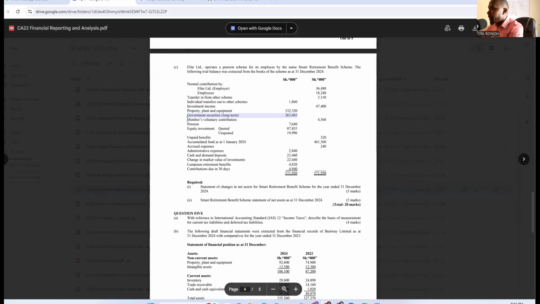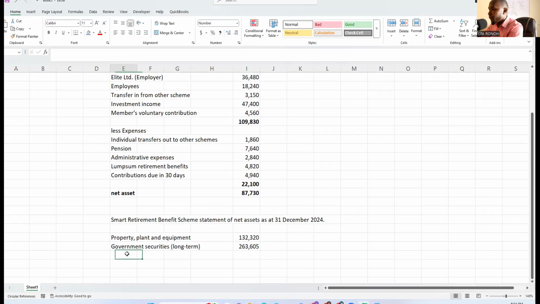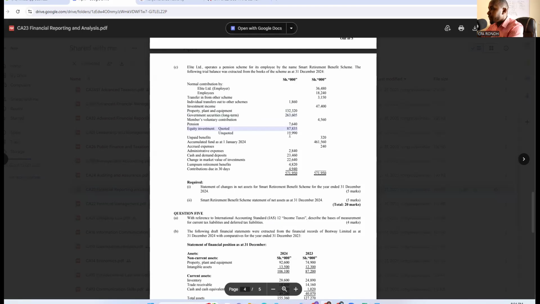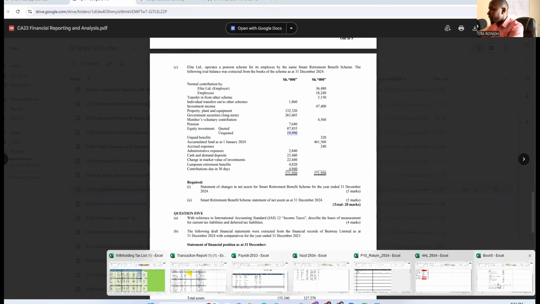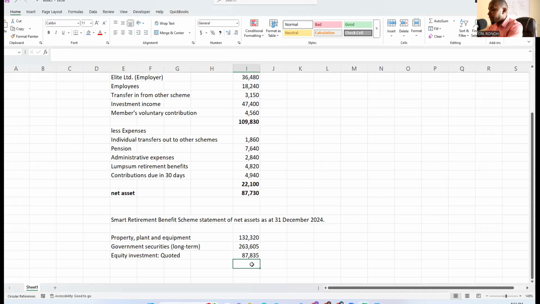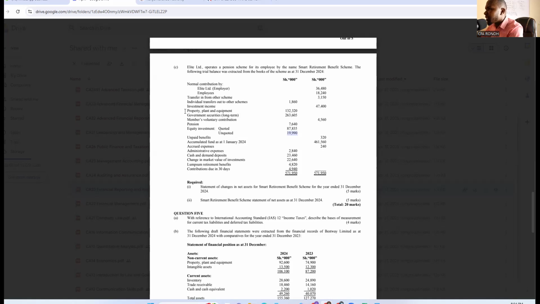We also have the investment. So the first investment is this, and then the second investment is 19. You can combine the two, but it is good to list them separately. That is unquoted. And then what else? That makes the end of the non-current assets.